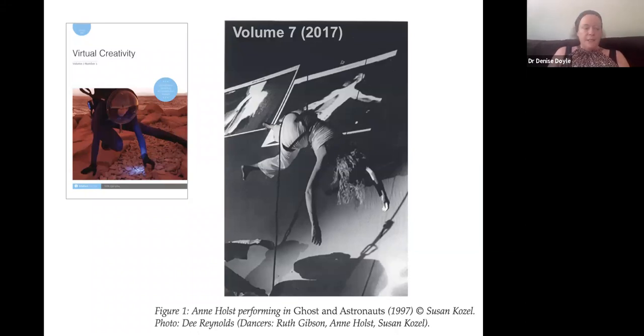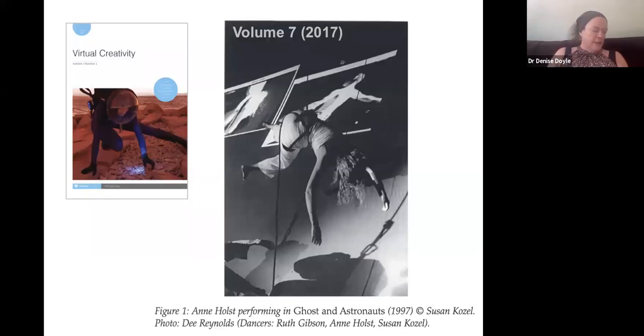So I invited a space doctor, an artist who is engaged in space and who had actually already experienced a zero gravity flight, a filmmaker engaged in neuroscience and the virtual, and a dancer and philosopher, Susan Kozel, who had developed a performance experiment entitled Ghosts and Astronauts in the late 1990s. And you can see an image of that performance on the right-hand side.